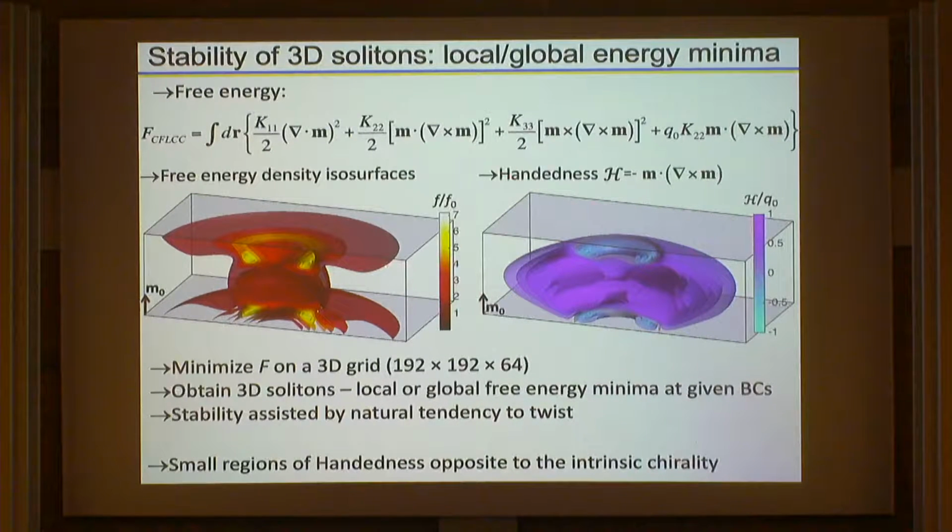We can also, for the very same structure, visualize the isosurfaces of the so-called handedness parameter, which tells us both about the direction and the rate of twist of magnetization within this liquid crystal ferromagnet.